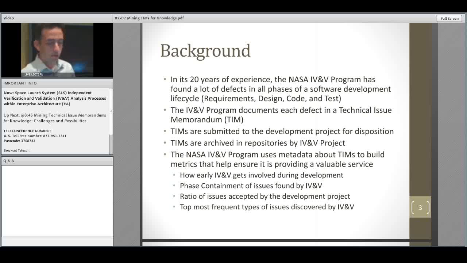So along with communicating these TIMs to the projects, we use a database to help track these TIMs in terms of developing them, and then once they are submitted to the project, tracking their closure towards resolution.